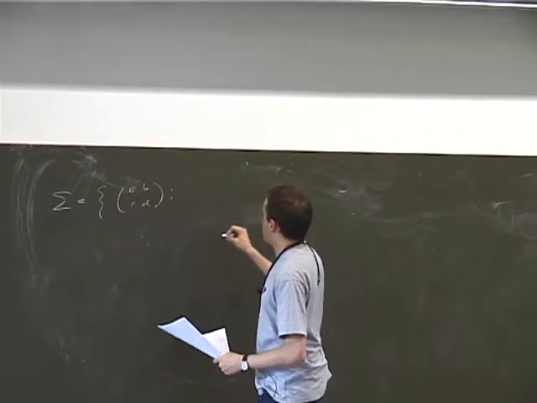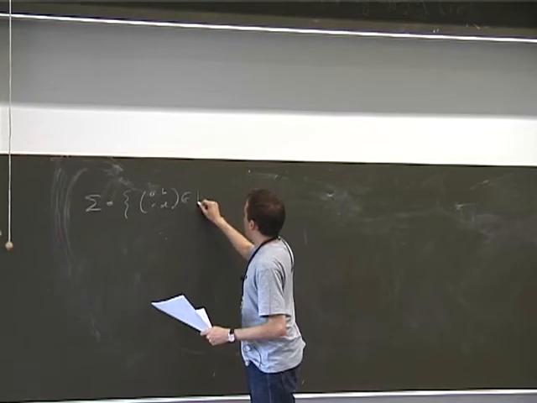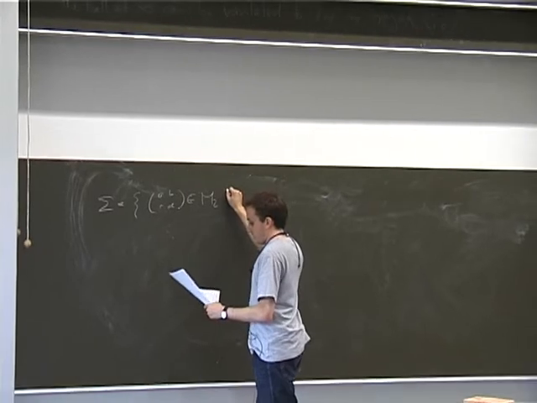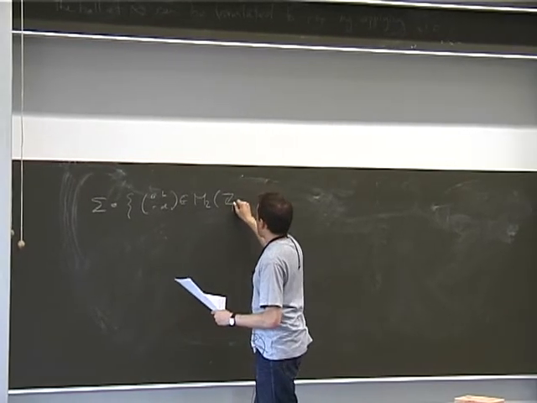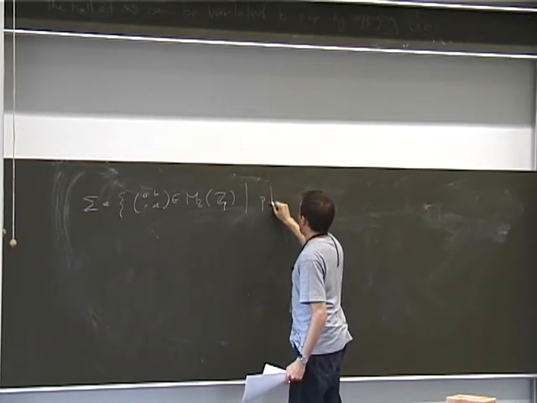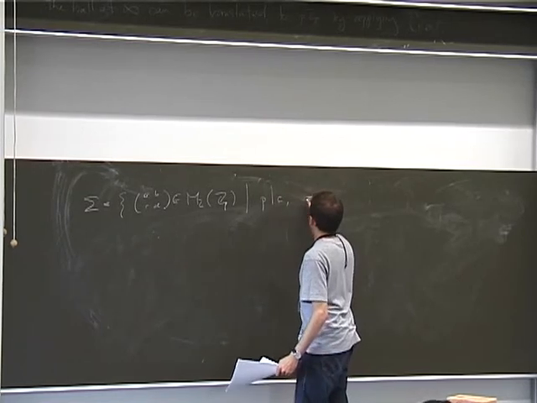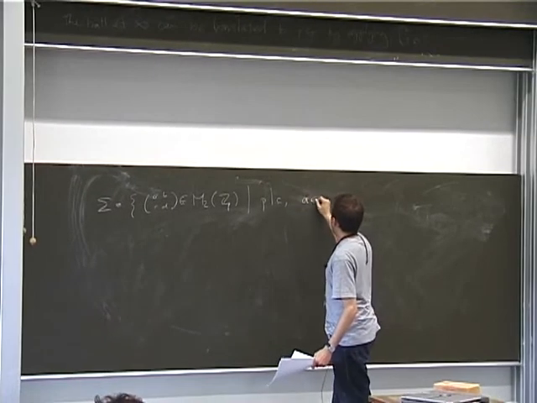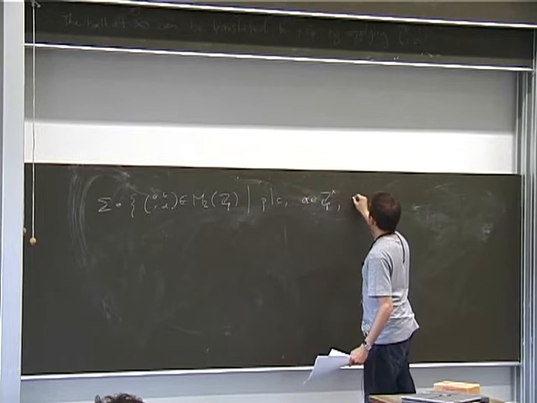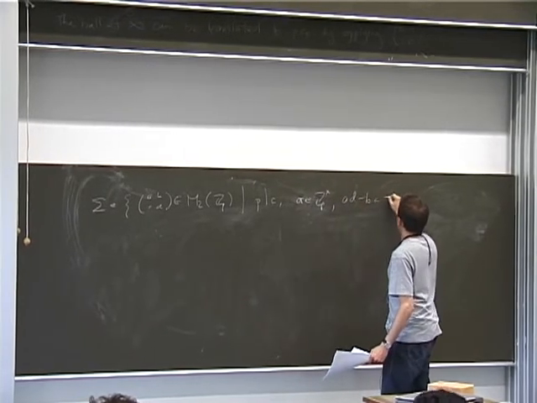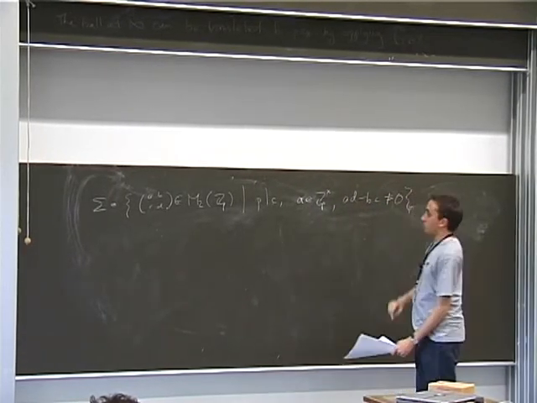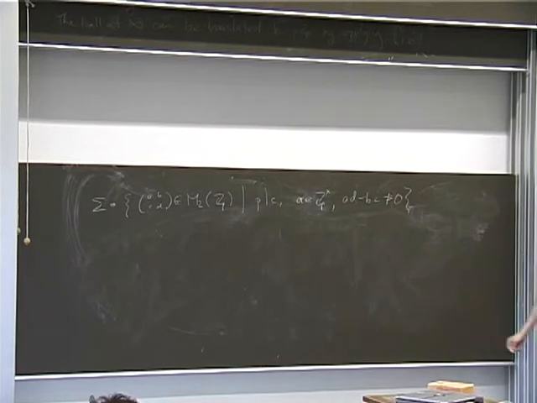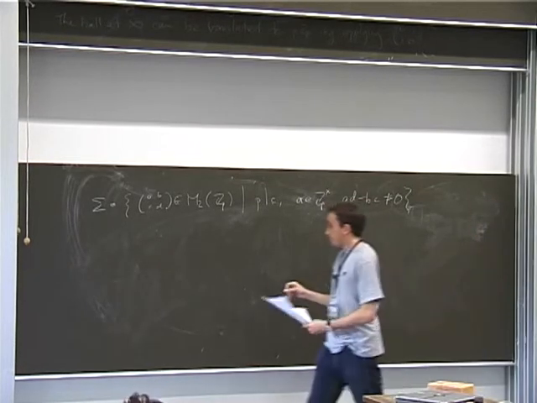You can just write this down. This is a set of matrices A, B, C, D in M_2 of Z_P, such that first of all P divides C, and A is in Z_P star, and AD minus BC is not equal to 0. So this is some semigroup of matrices.